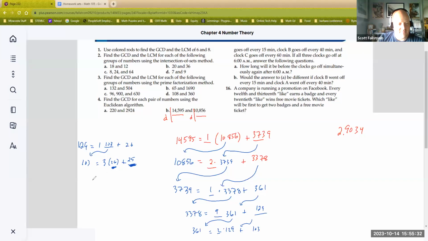There's nothing else in common between them. But if you kept going, you could say it's one group of 25 plus 1. Bring the 25 down, and you get 25 groups of 1 plus a remainder of 0. As a reminder, whatever your last remainder is before you hit 0 would be your GCD. So the GCD here is 1.